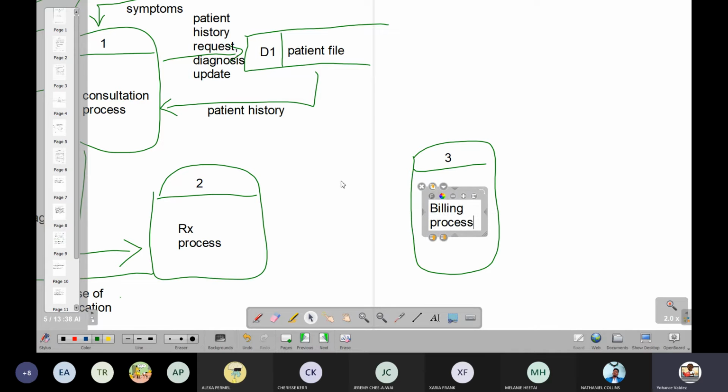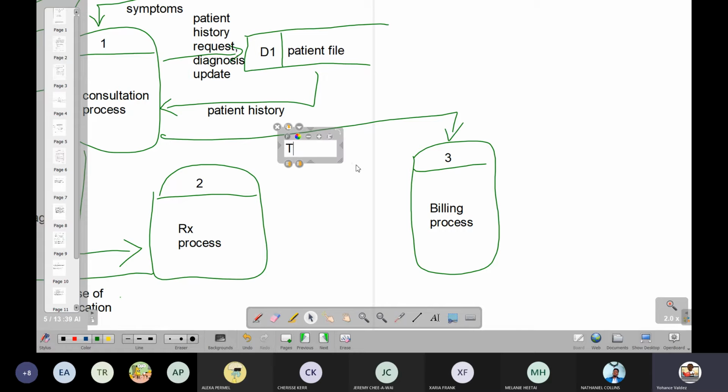And what do we want to do in the billing process, right? The information from the consultation that is passed here is tests and services.